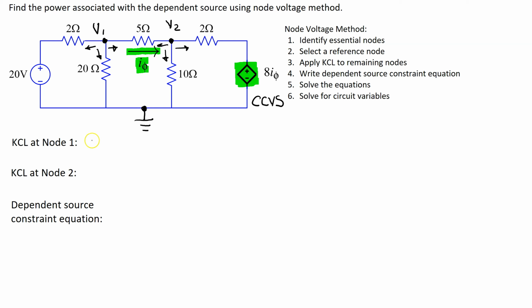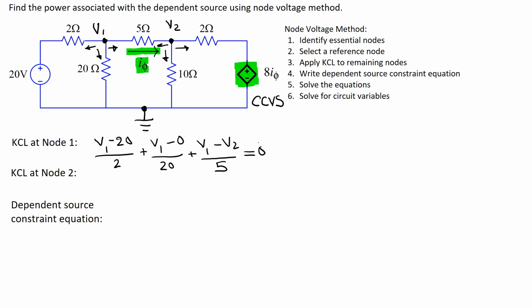So this branch current is given by V1 minus 20 over 2. The next branch current is through the 20 ohm resistor, and this is given by V1 minus 0 over 20. And then the last branch current is through the 5 ohm resistor, and this is given by V1 minus V2 over 5, and the sum is equal to 0.